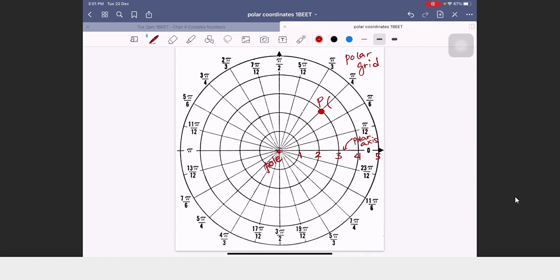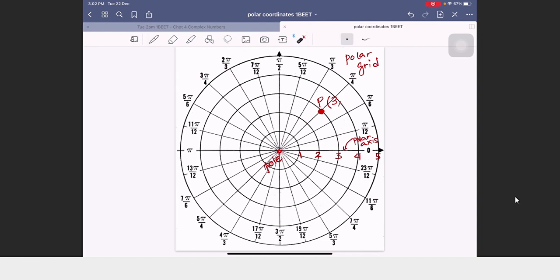My r here is 3, so it's 3 units from the pole: 1, 2, 3. So it is 3 and then comma.